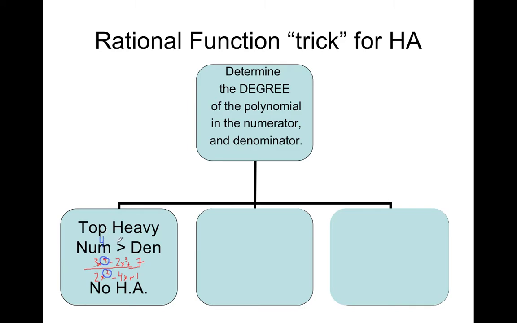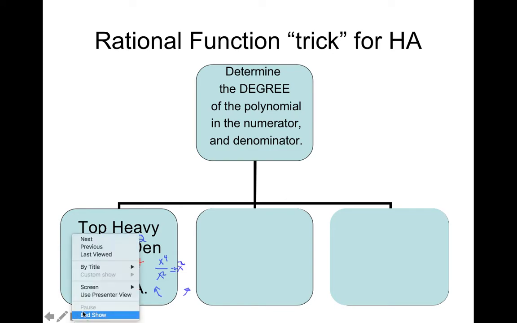Since the degree of the numerator is greater than the degree of the denominator, I have no horizontal asymptote. And shh, don't tell anybody, but since an x to the 4th divided by an x squared reduces to an x squared with a positive leading coefficient, I know the ends of my rational function will behave like a parabola. Wow. Now there could be all kinds of crazy stuff happening in the middle, broken, not broken, but I know what the ends are going to be like.